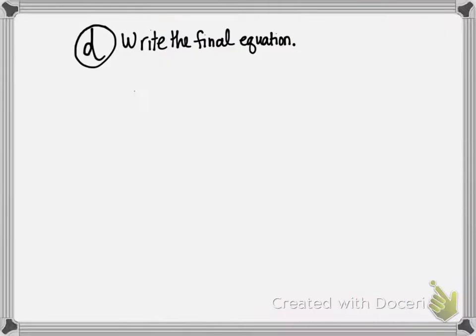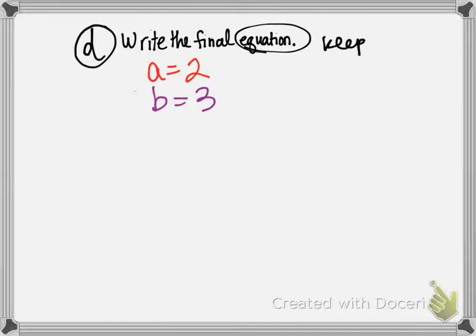All right, next step is going to be write the final equation. So a was 2. B was 3. And remember, we knew ordered pairs from this, but we want to write an equation. So when we want to write an equation, we need to keep x and y in it, right?